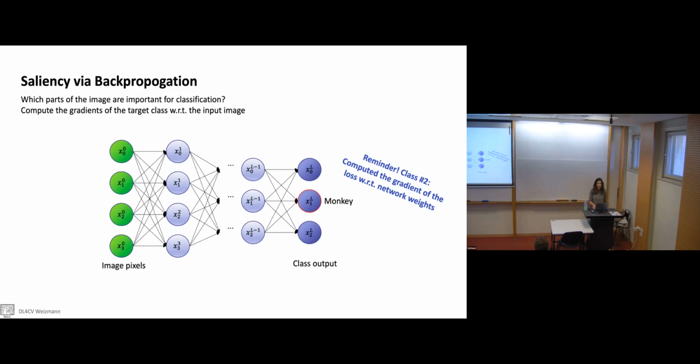Take it with respect to the pixels. Exactly. Let's say I'm looking at some class L, a monkey, and now I want to ask if I change a certain pixel a little bit, how will this affect the monkey score. And the way to compute this is by computing the gradient of the score with respect to each of the image pixels. And we can do it easily using backpropagation.